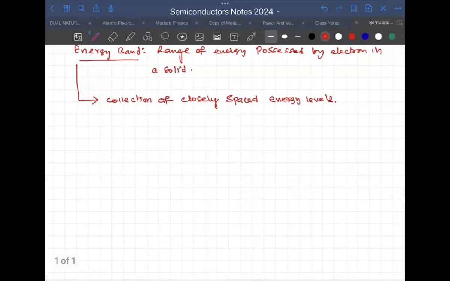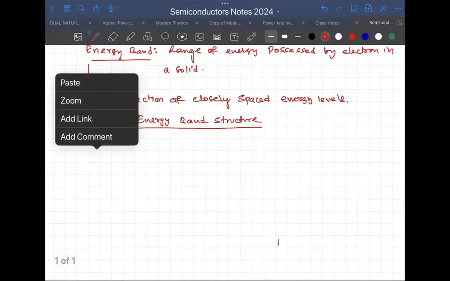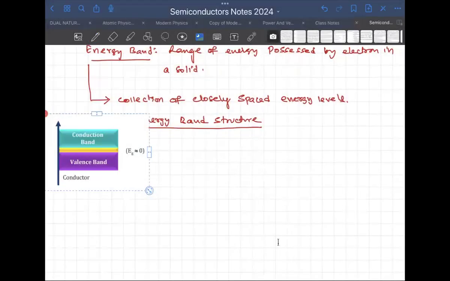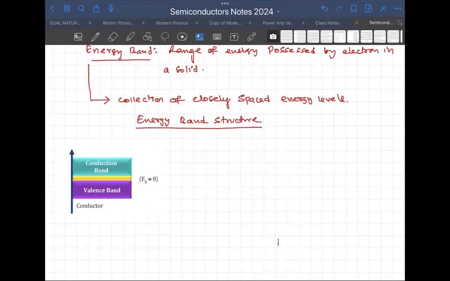Now, on the basis of this, we will classify materials into 3 categories on the basis of energy band structure. One, a conductor. So this is a conductor.